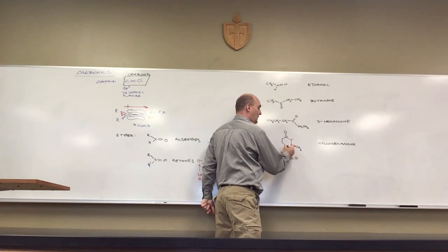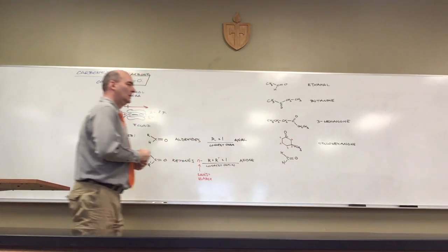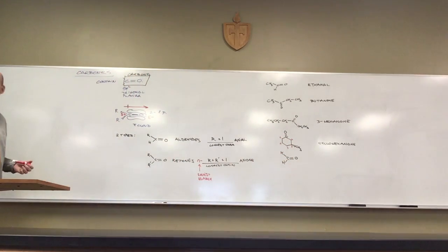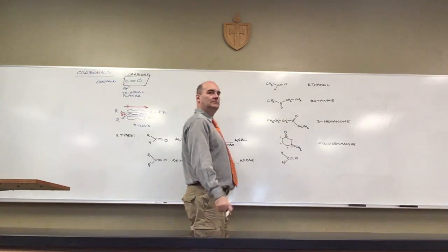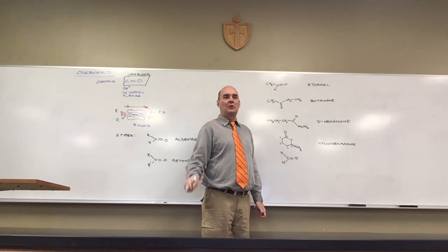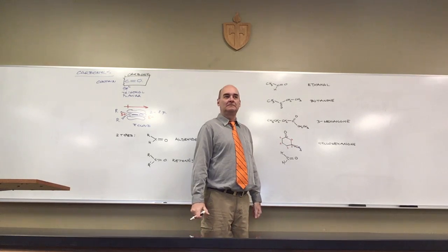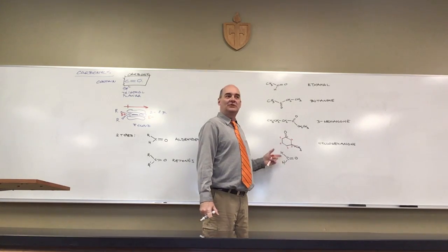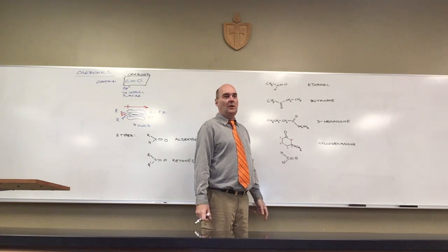2 and 3, 4, 5, 6. And the methyl. Ooh, is that the trans or the cis? The correct answer to my question is no. My question was, is this the trans or the cis? No, it's not. Why is it not?